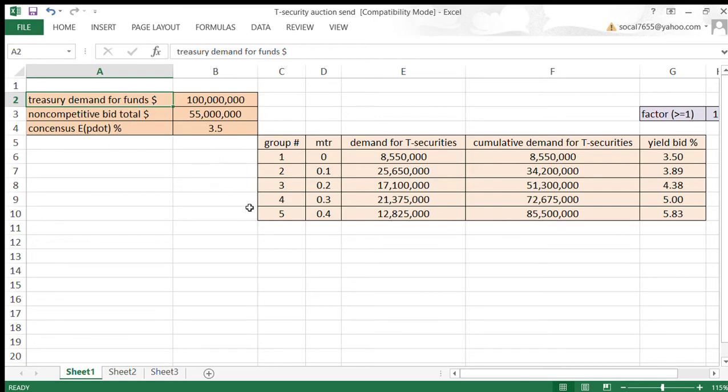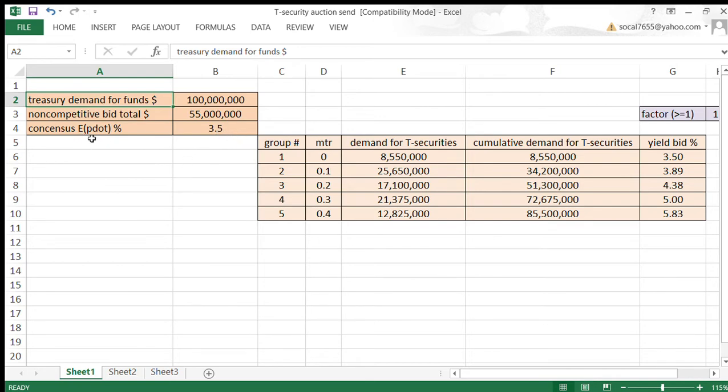And what we're doing here is showing what interest rate will be determined. So in this example, we assume the non-competitive bid total is $55 million, which means that the government has to raise $45 million via the auction. And we're going to just simply assume that the consensus inflation estimate is 3.5%.